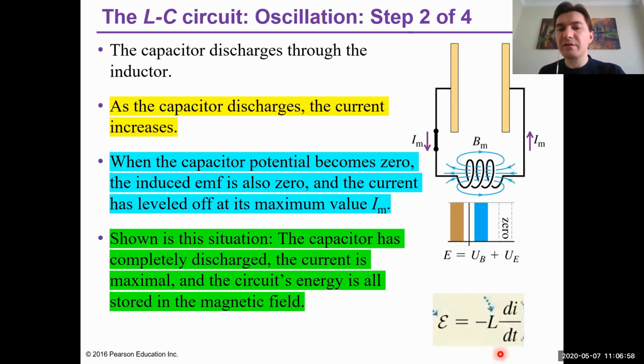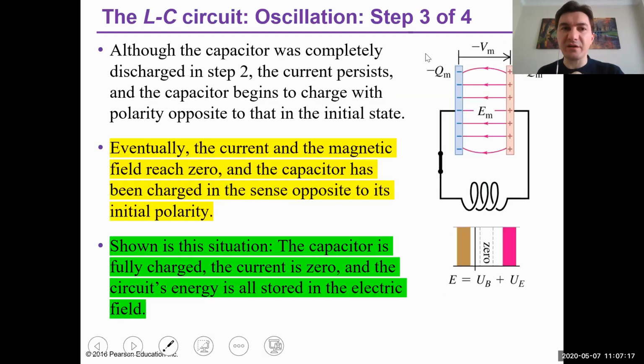So this is the positive. Current is increasing, right? And here we have a negative number, and we will have an EMF opposite to the initial current here, right? Opposite to the initial current, EMF. Don't forget this one.